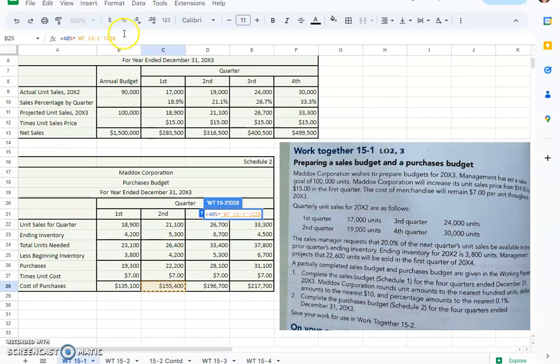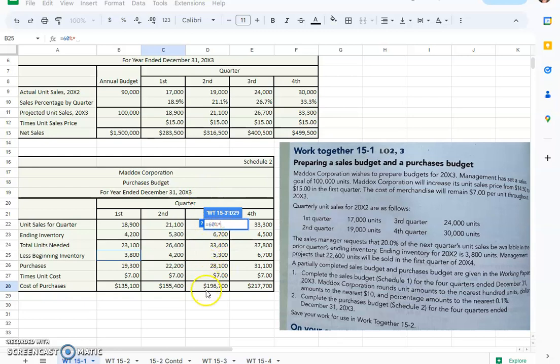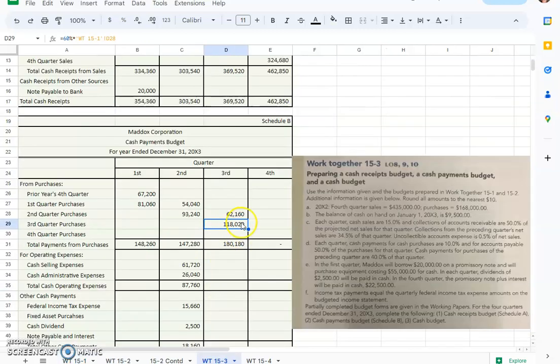Of course, we'll need to round that, comma, -1. 62,160. Then your third quarter amount is a total of 60% times your third quarter purchases, 118,020, which gets us to 180,180.